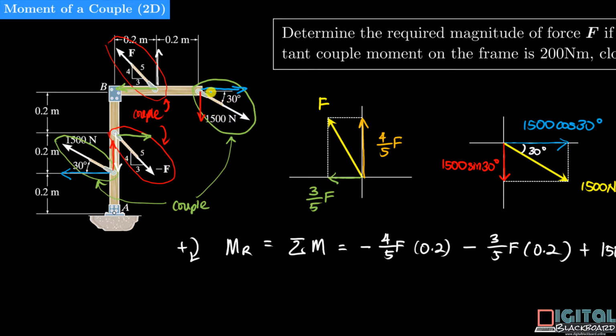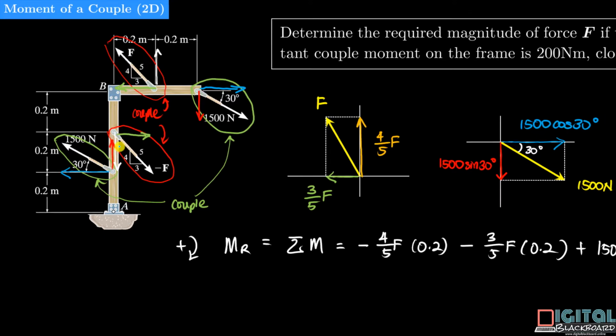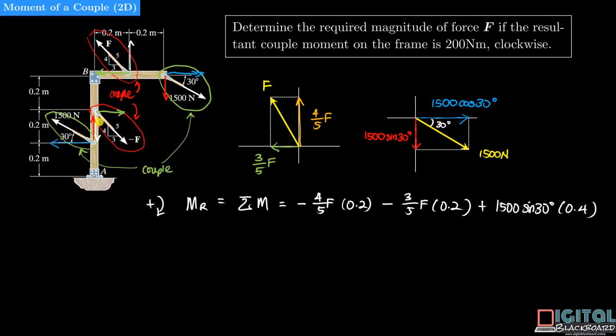At the same time, the perpendicular distance between these two blue horizontal forces is actually 0.4 meters. So we have plus 1,500 cosine 30 degrees times 0.4.